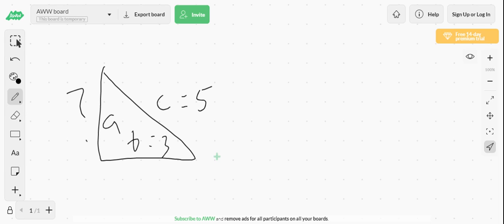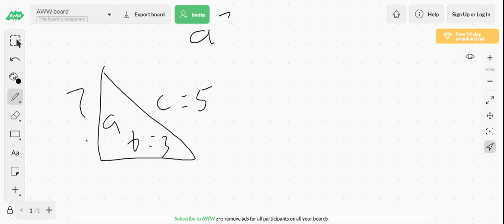Now we want to know what leg A is. And some people are thinking, oh, well, we just use our same formula, right? A squared plus B squared equals C squared, right? You think, oh, well, C squared plus B squared equals A squared. And that's not right, because C is always going to be, no matter what, the longest one.